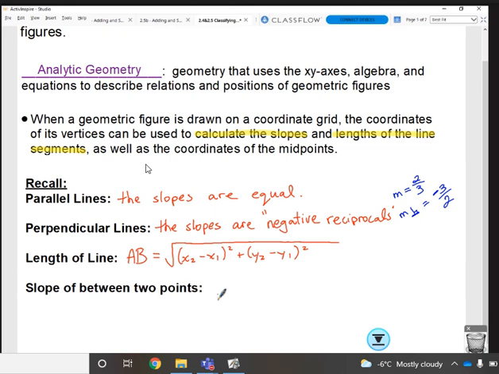Yeah, we'll say the slope, a lowercase m, equals y2 minus y1 over x2 minus x1. Now, do you remember when we talked about the vertical change here, and this down here was the horizontal change.